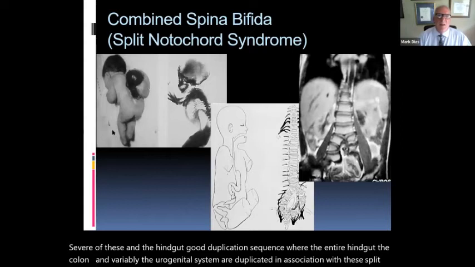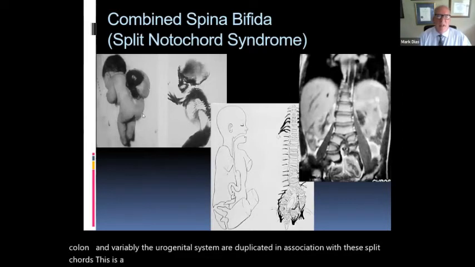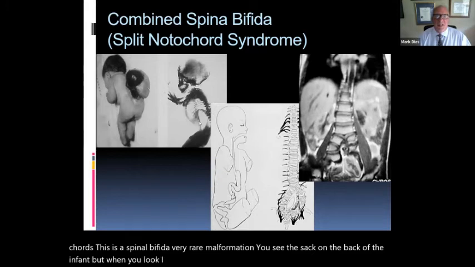This is a spina bifida, very rare malformation. You see the sac on the back of the infant, but when you look, I covered it up here, but you see there's no bowel loops in the abdomen. They're all within this sac.